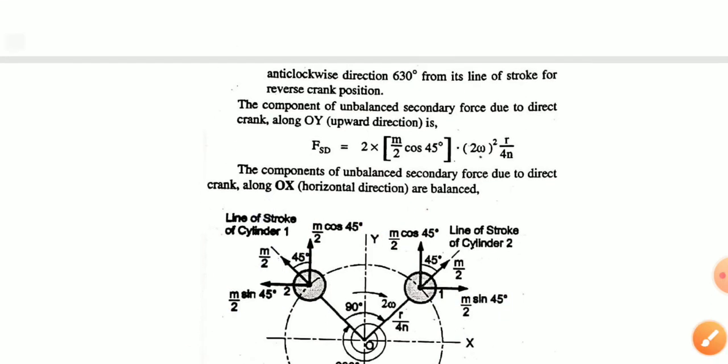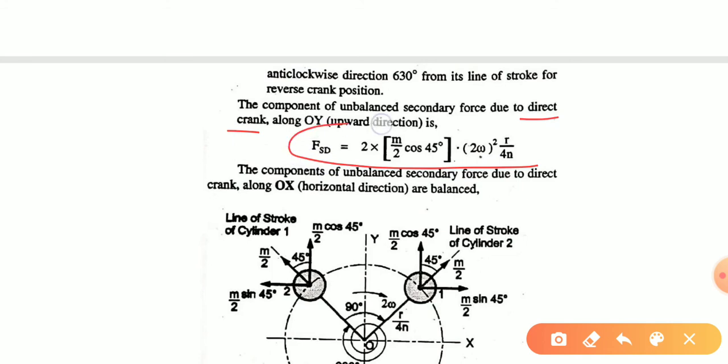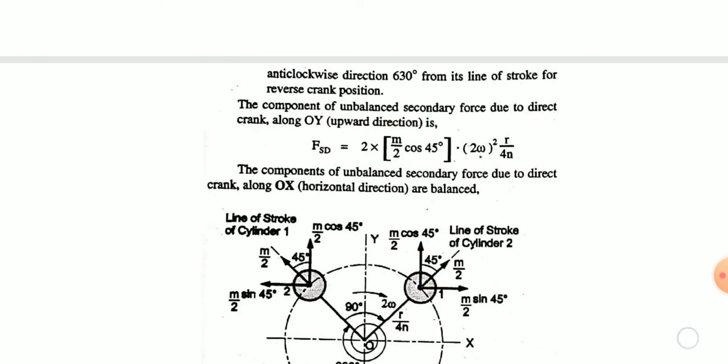So the component of the unbalanced secondary force due to the direct crank will be equal to 2 times m by 2 cos 45 into 2 times omega square r by 4n. The component along the horizontal direction will be in the balanced condition.